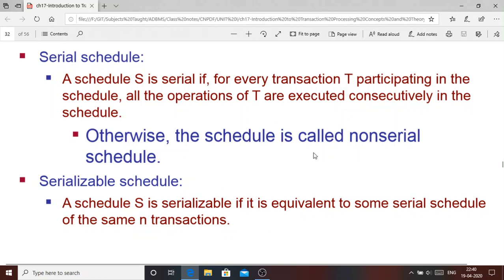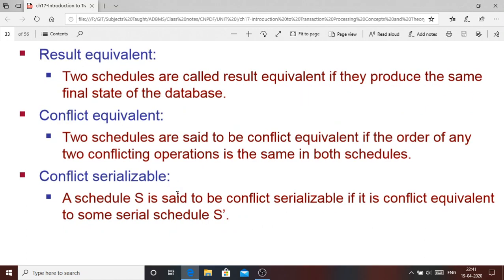So we get both advantages by making a non-serial schedule serializable. Two schedules are said to be result equivalent if they produce the same final state of the database.